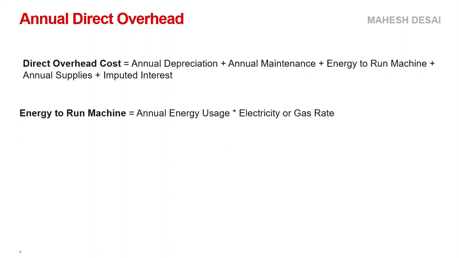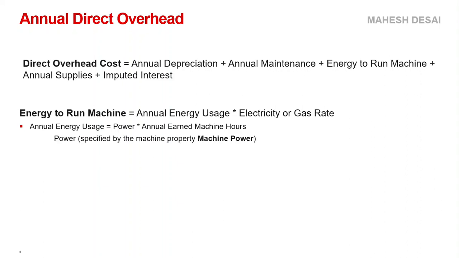Now we will talk about energy to run the machine: annual energy usage multiplied by electricity rate or gas rate. Annual energy usage means power multiplied by annual earned hours, with power specified by the machine property.